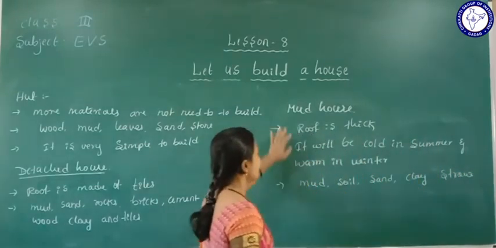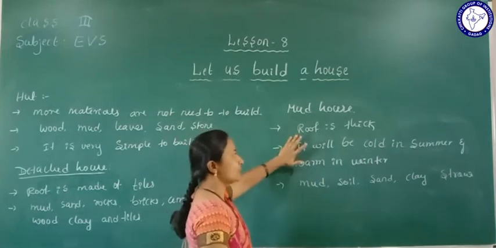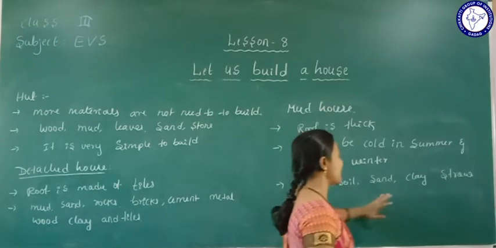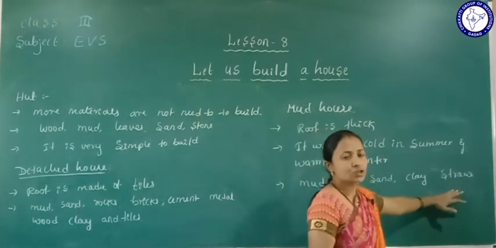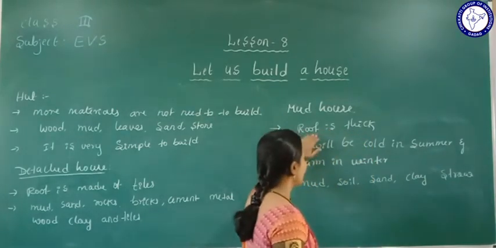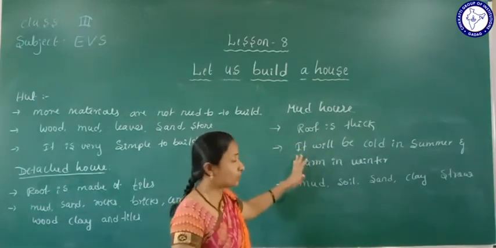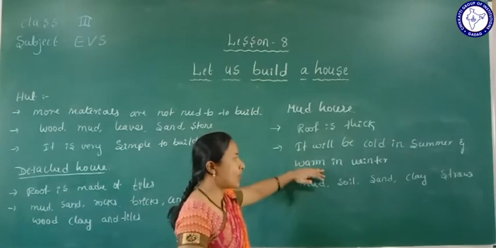Okay, see here, the mud house roof is very thick because they use mud, soil, sand, clay and also straw to build the roof. So it is very cold in the summer season and very warm in the winter season.